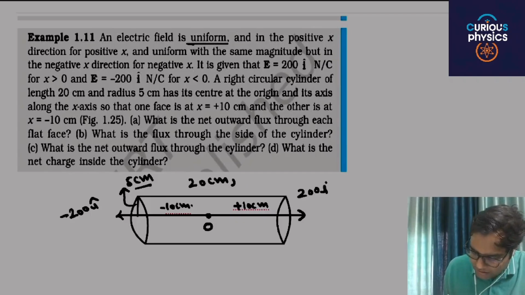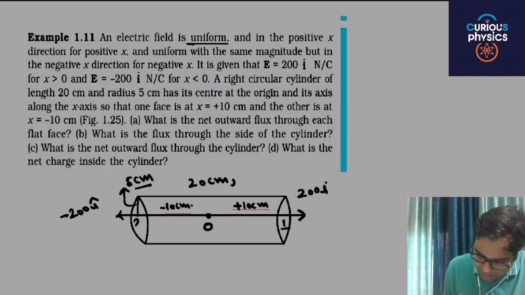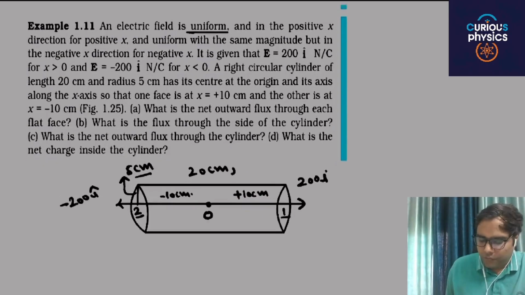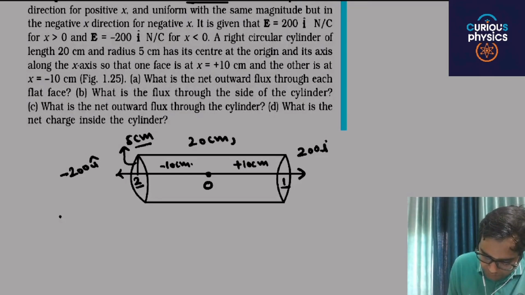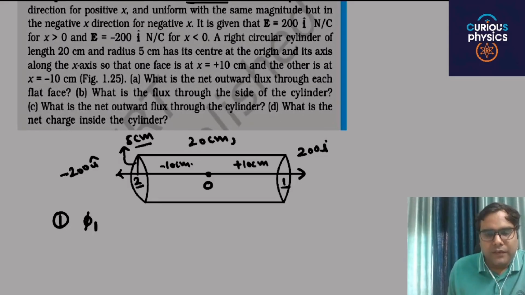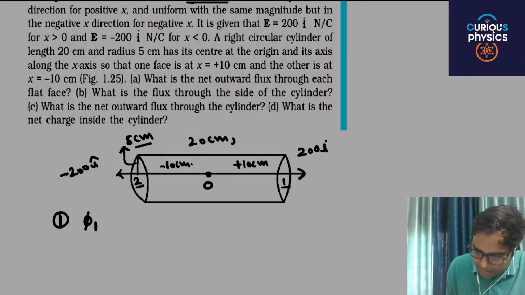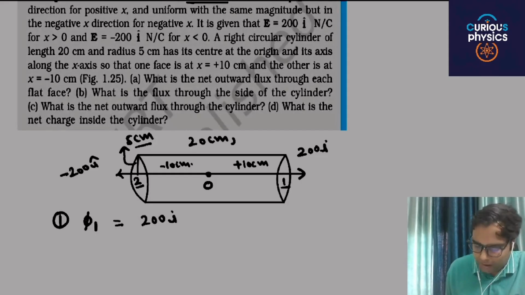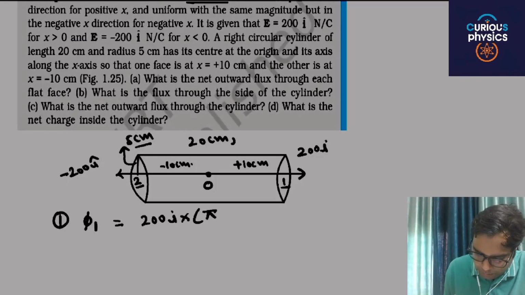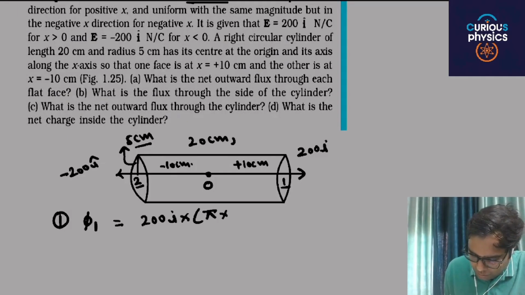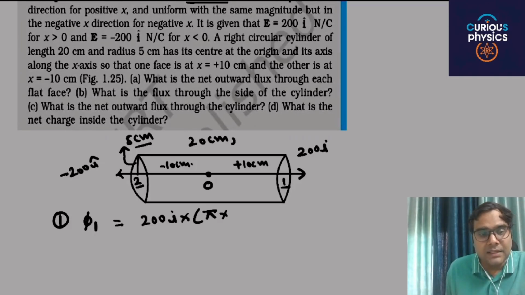So you can say this is face 1 and this is face 2. For face 1, I can write the electric flux. The value will be E into A. The E is 200 i, and area is pi r square. The value of r is 5 centimeter.